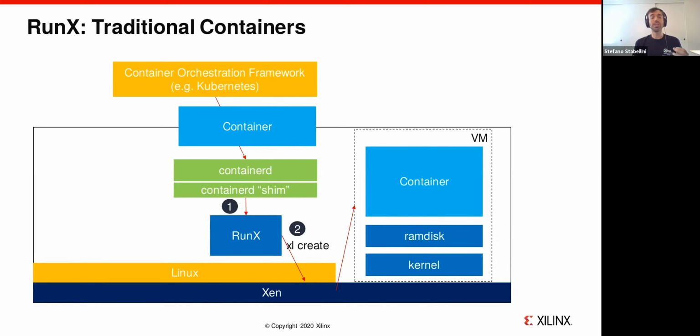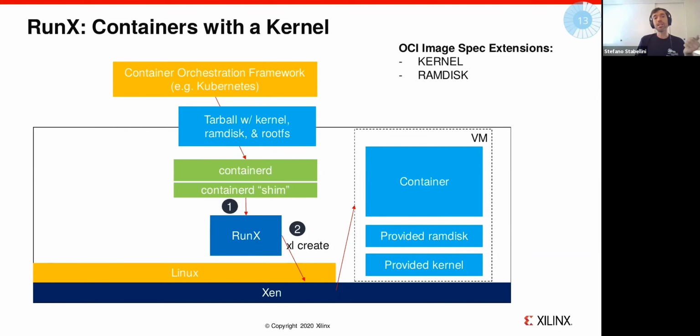That's a basic use case, but you should realize that the RAM disk and the kernel inside the VM are really just optional, and they're really for compatibility. So the security boundary is the virtual machine, not the kernel and the RAM disk inside the VM.